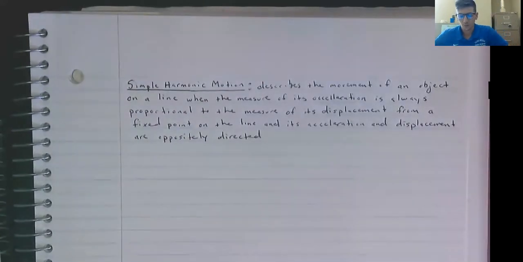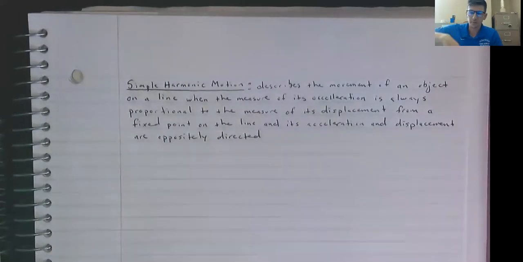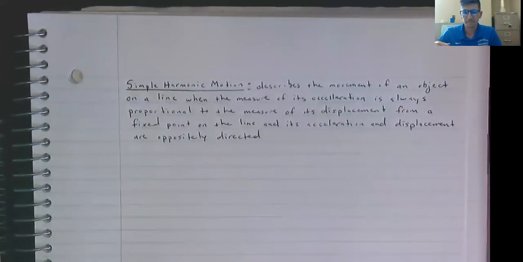Oh, yeah, I know. Okay, we'll get through this. So something's moving along the line. Sounds like rectilinear, but it's a specific kind of rectilinear motion where the acceleration of the object is proportional to how far away we are from this fixed point.